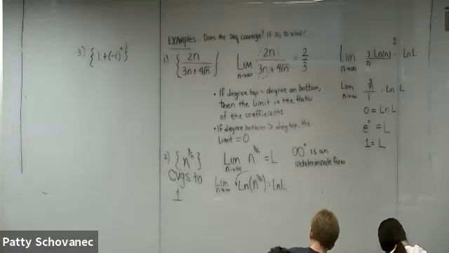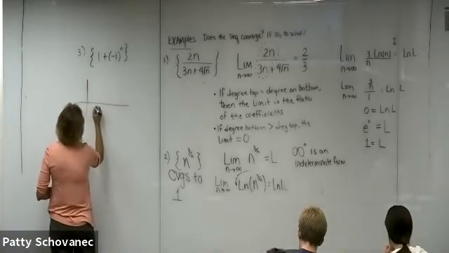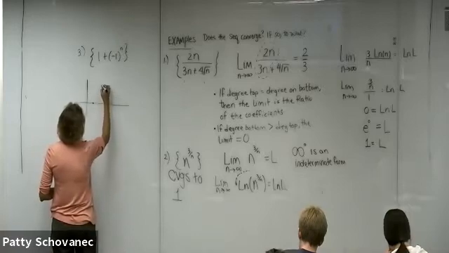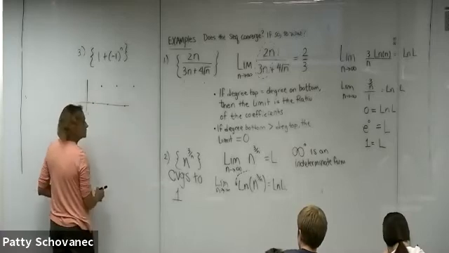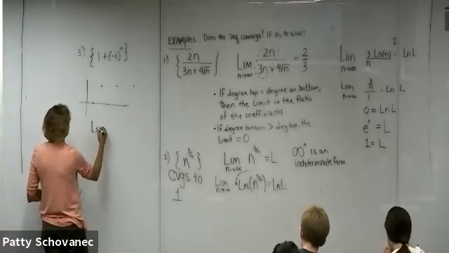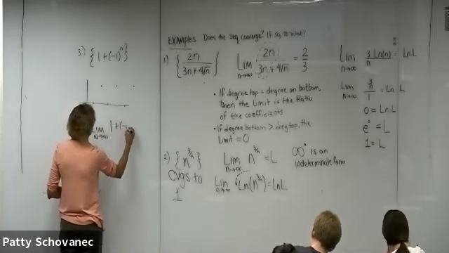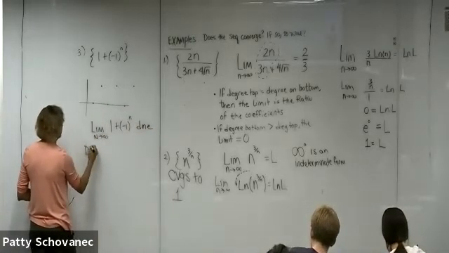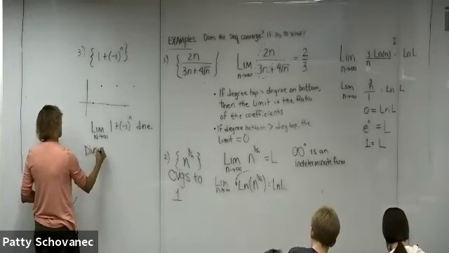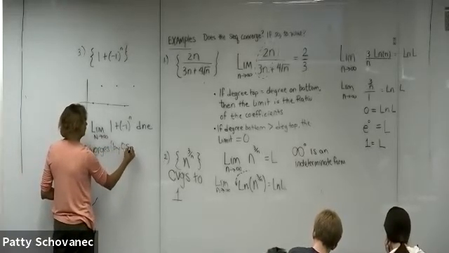If n is an odd number, this spits out 0. So if it's odd, it's 0 or 2. 0 or 2, 0 or 2. So there is no limit. This one diverges. This oscillating stuff.